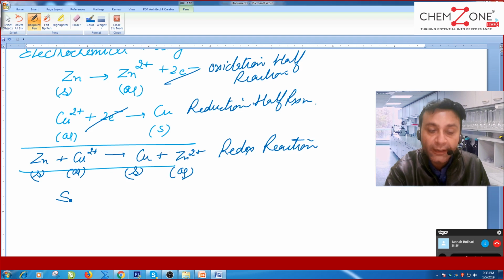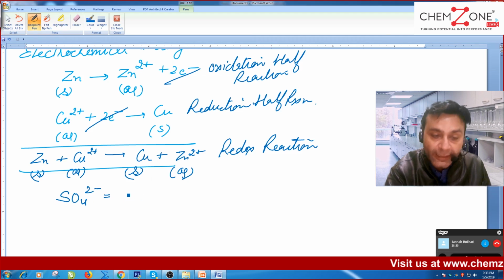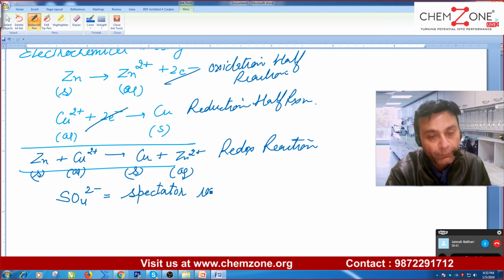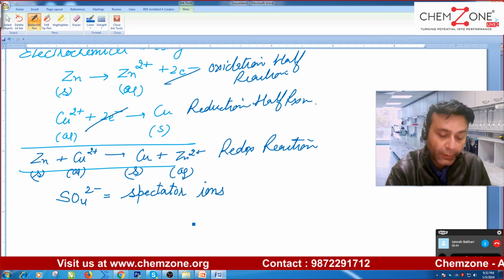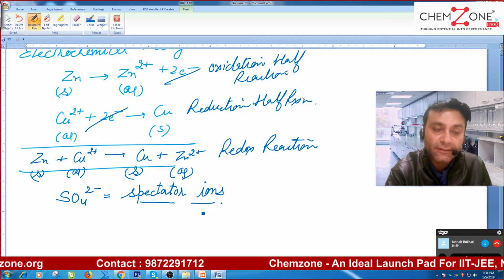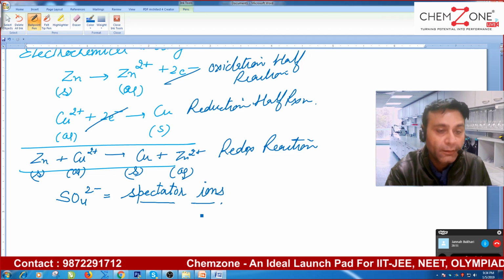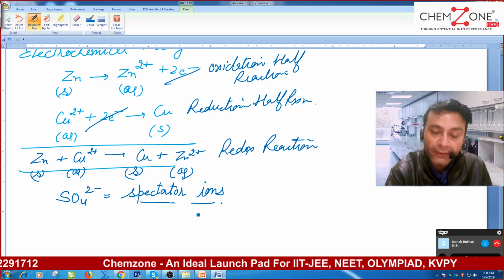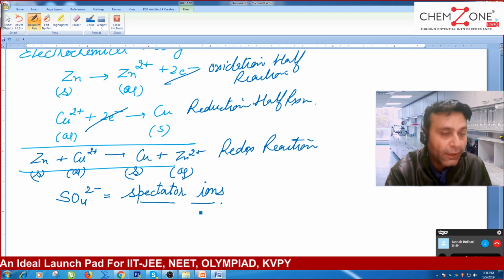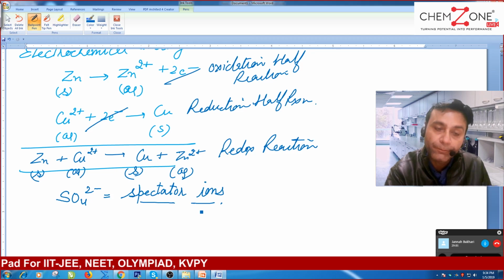That ion is called a spectator ion. They are just spectators. Loss and gain is by the zinc and copper only, and spectator ions are initially bonded with the copper ions, and now they are bonded with the zinc ions.